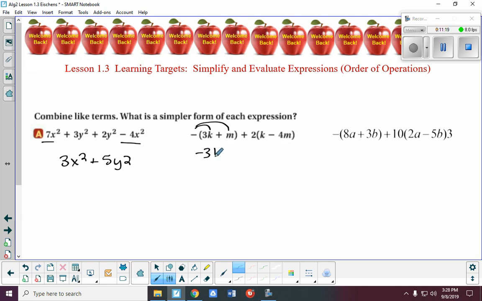So you have -3k minus m, distribute the 2 through, plus 2k minus 8m. And now we can combine your k terms. -3 plus 2 is -1k. Minus 1m minus 8m would be minus 9m.